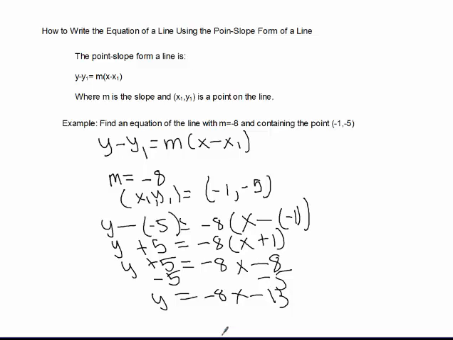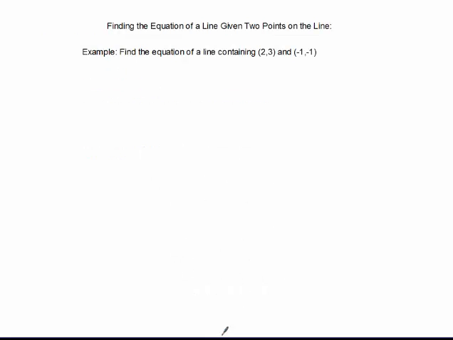Now let's consider a scenario where you have 2 points on the line and you want to find the equation of the line that contains these 2 points. So in the point slope formula, you saw we need the slope and a point.